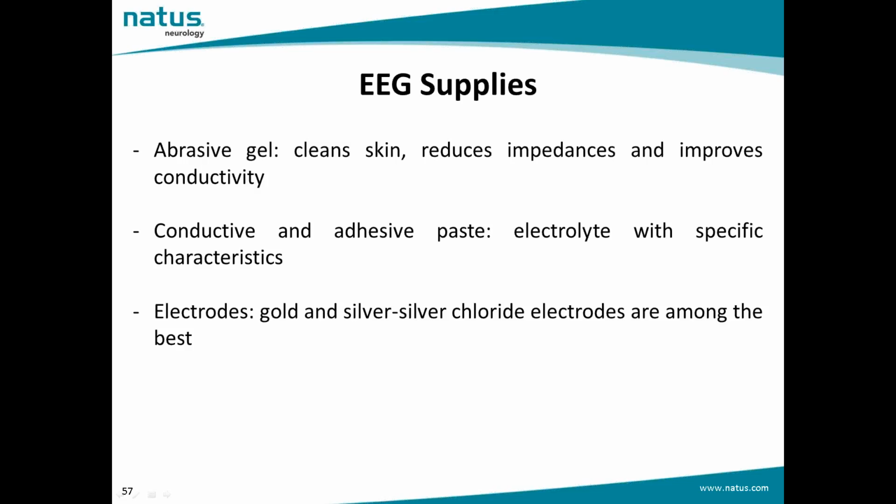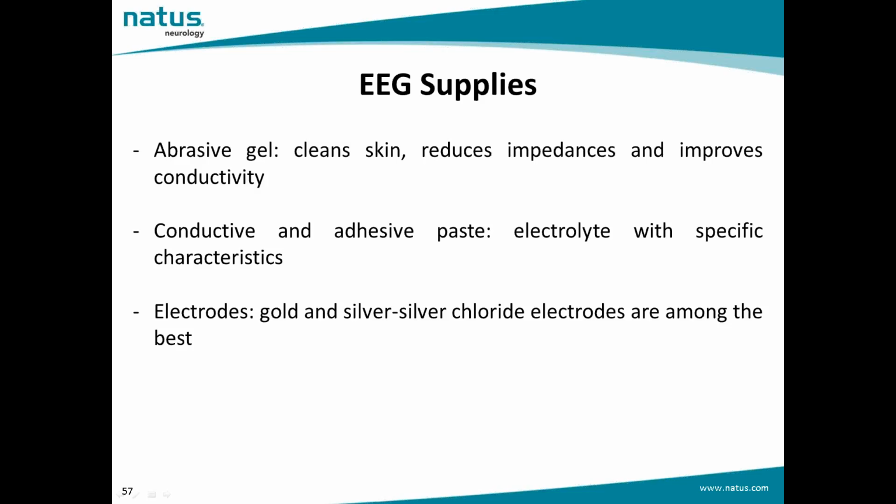It improves conductivity and achieves maximum efficiency with the equipment, and so for this reason it is very important to use a gel which doesn't leave any contaminants after the cleaning, because they could alter the contact between electrodes and skin, increase the impedance values and compromise the stability of the contact.